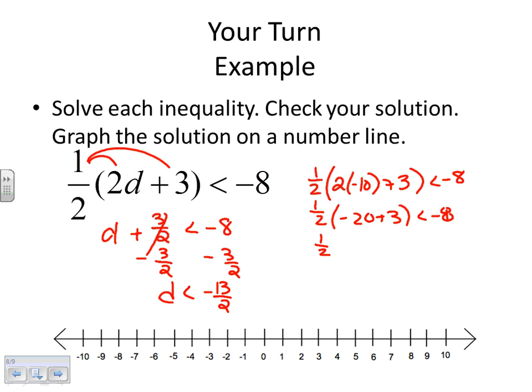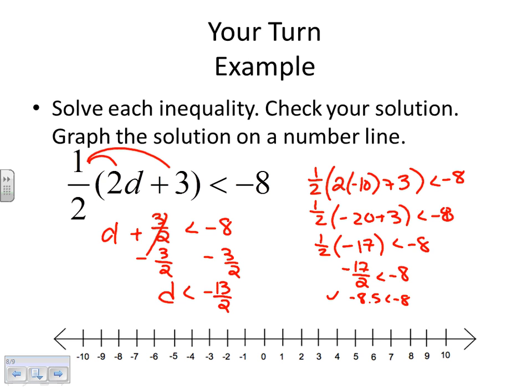And that is -17 over 2, less than -8. And 17 over 2 is roughly 8.5. So is -8.5 less than -8? Yes, it is. Not by a whole lot, but it is less than. And so our check is correct.